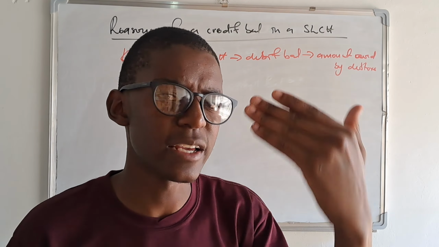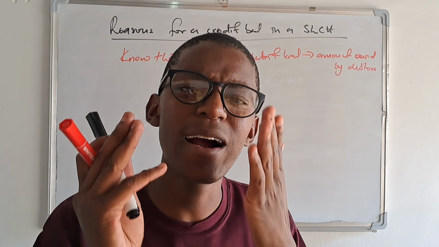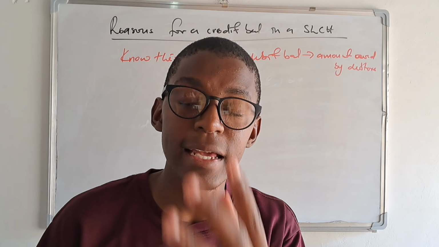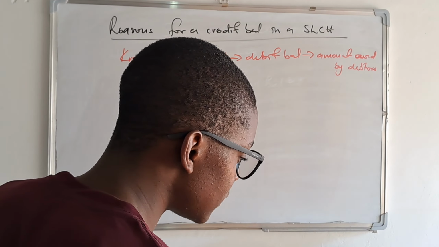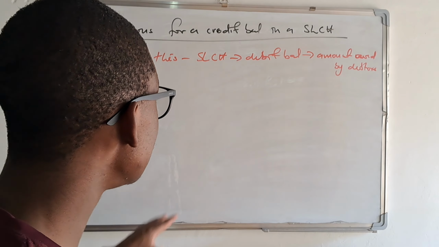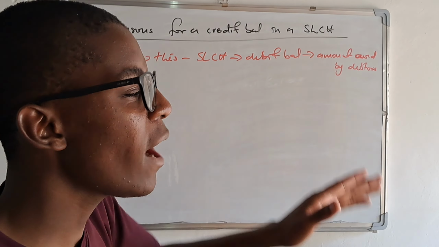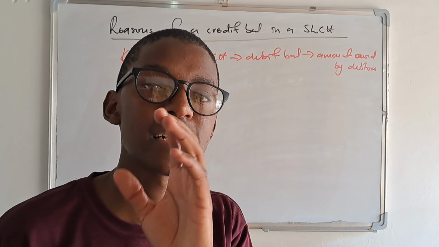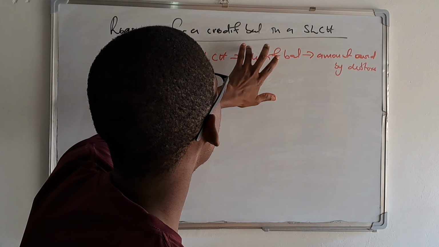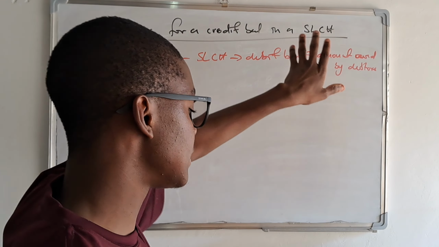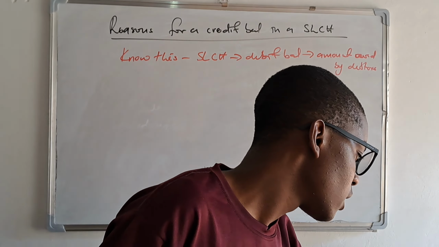Referring back to our example, our credit balance has $1,800, and the credit in the debtors control account may arise. So why does the 1,800 credit balance arise? The reasons why there is a credit balance in a sales ledger account.